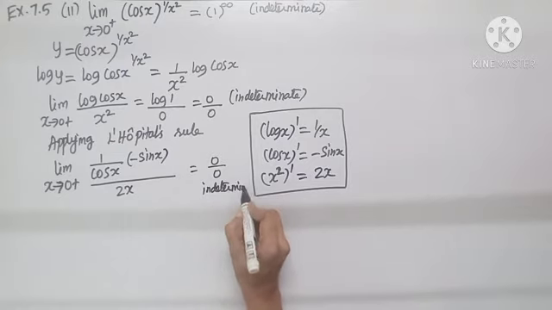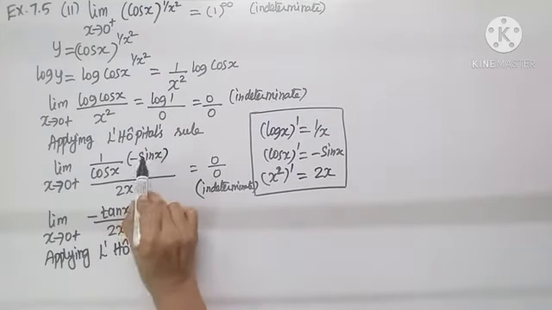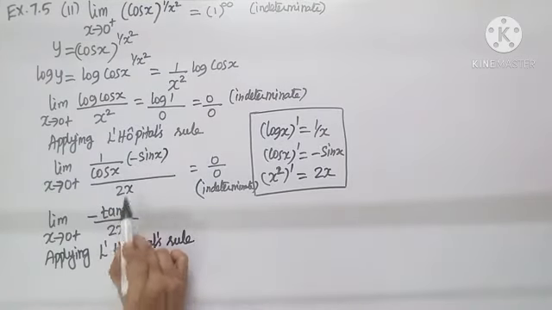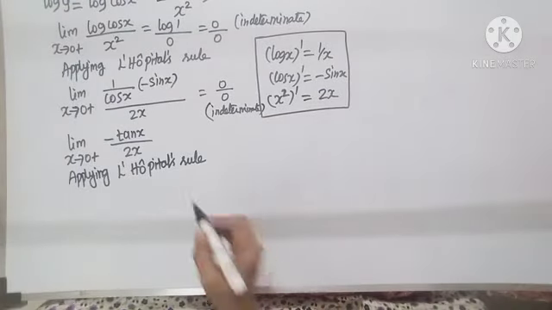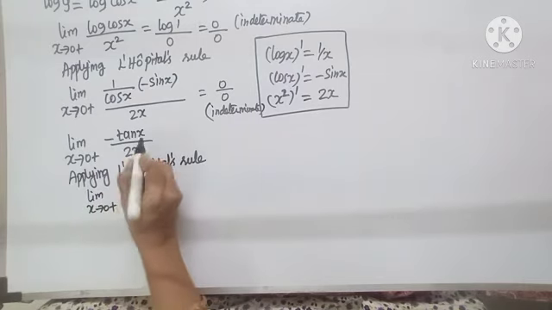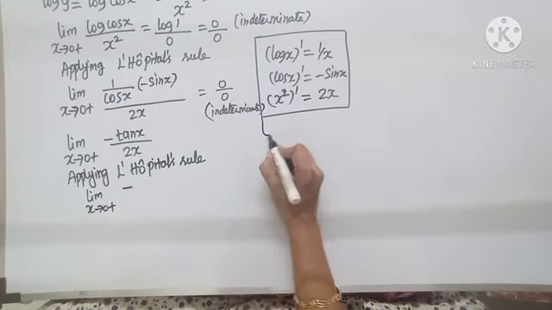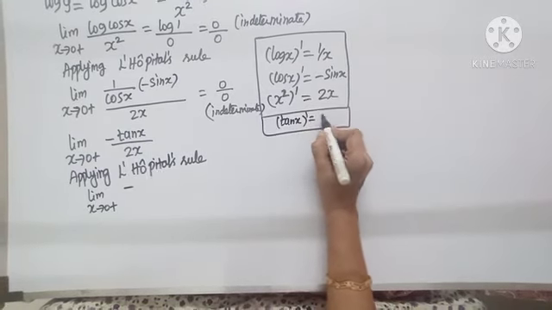So we apply L'Hopital's rule once again. Sin by cos, we can write tan x by 2x. Applying L'Hopital's rule, we can write limit x tends to 0 plus tan x derivative. Let us remember tan x derivative is secant square x.